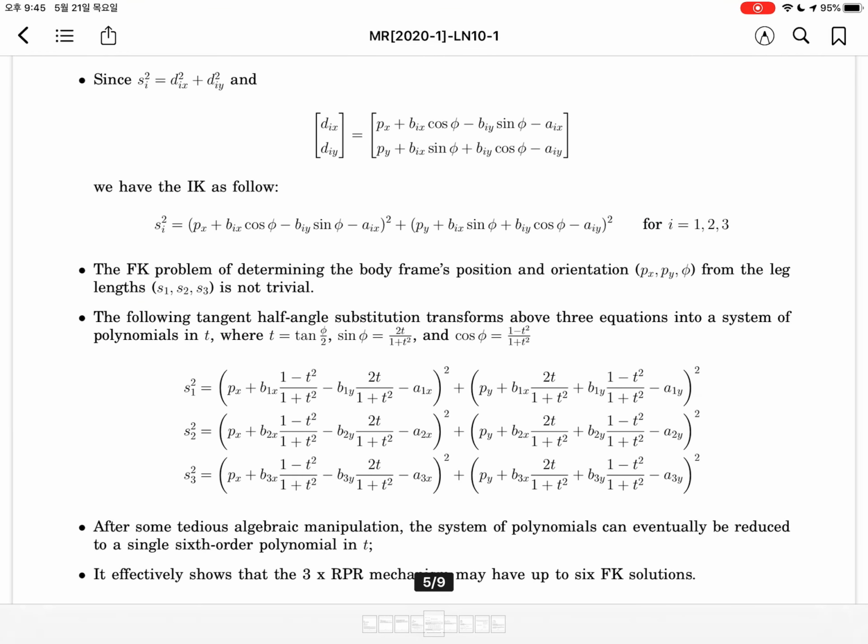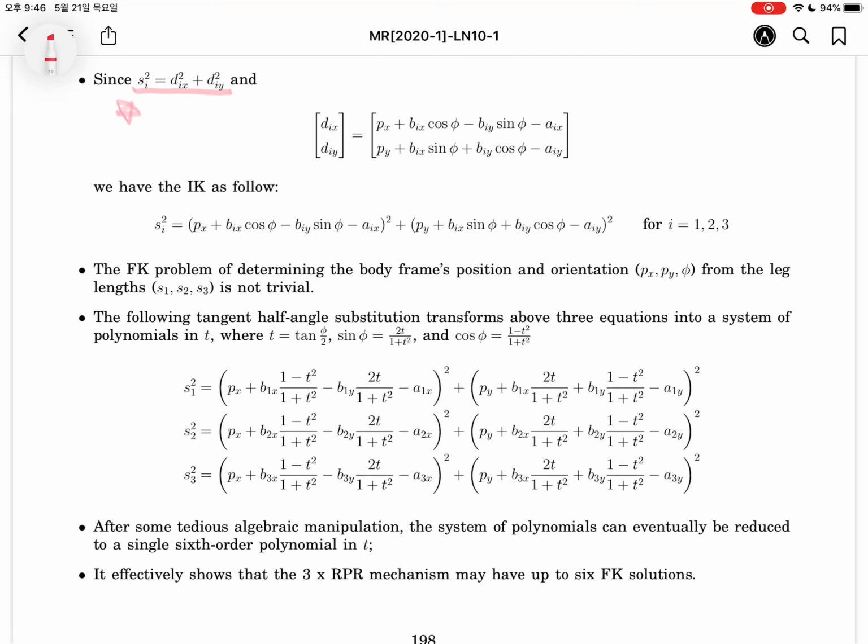Okay, let's obtain s. s squared will be d_ix squared plus d_iy squared. So after obtaining this value, we will take the square root operation to obtain the length of each leg.